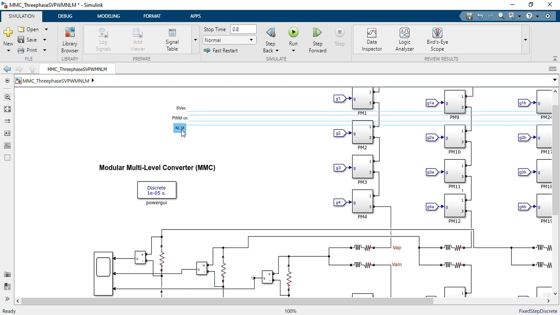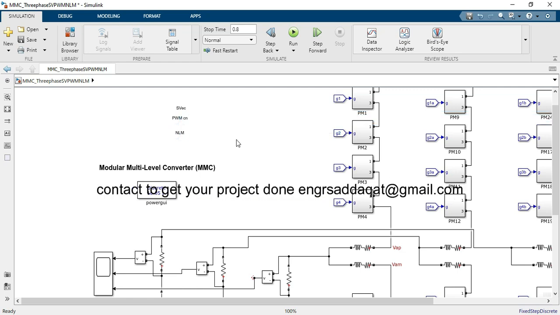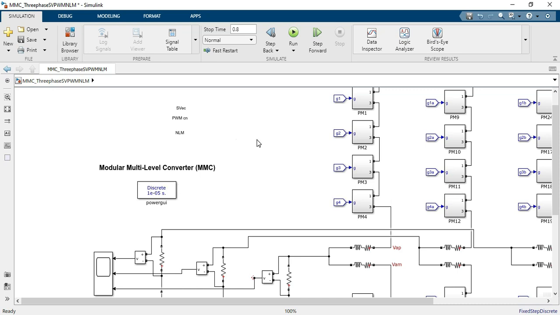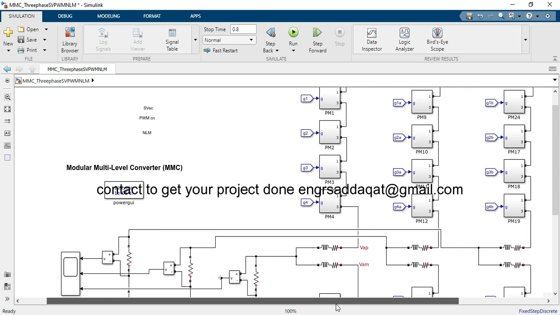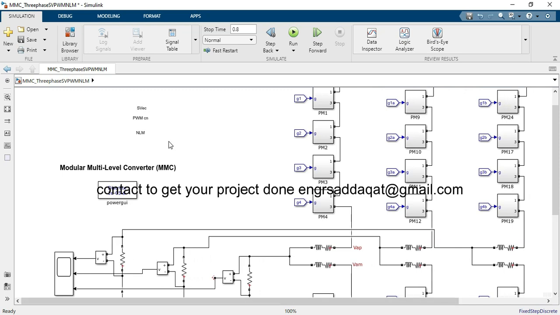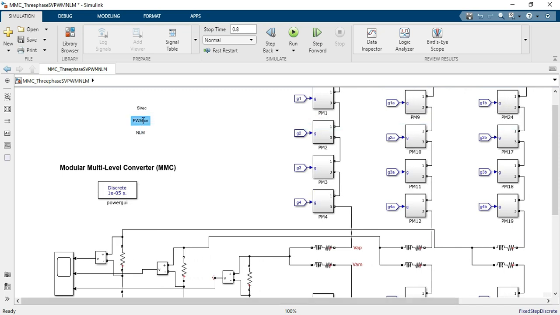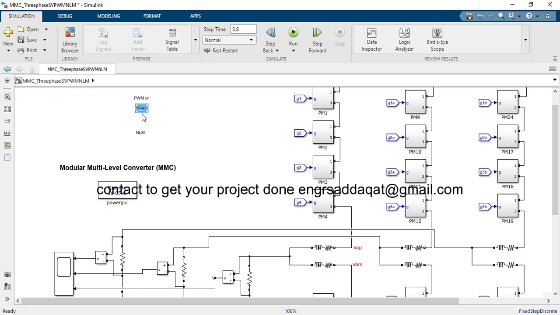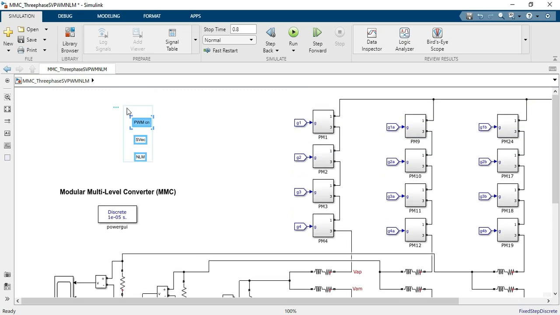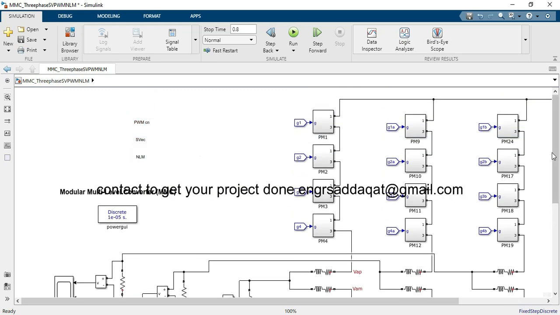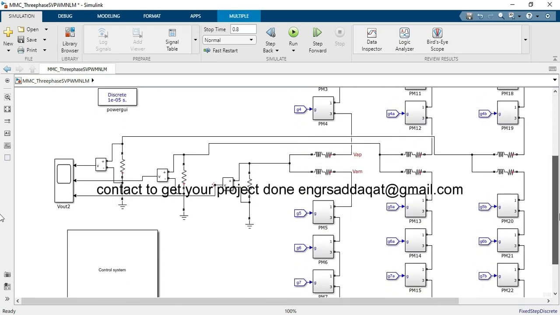We are going to make a comparison between these three control techniques, using all three to control this modular multi-level converter, and we'll see the impact of using PWM control, space vector, and NLM on the output voltage of the modular multi-level converter.